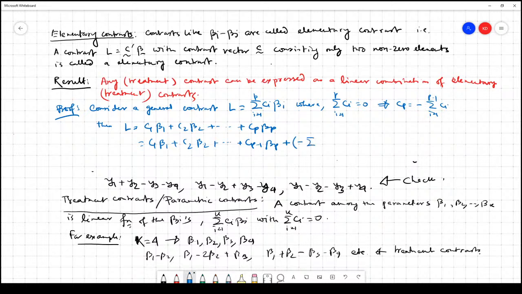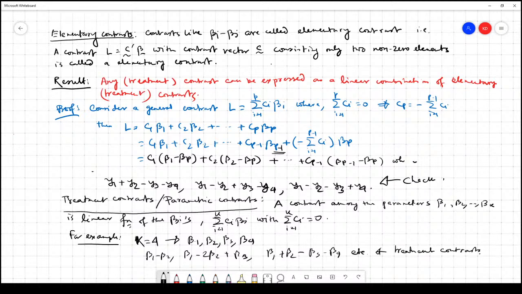So this is c1 times beta 1 minus beta p, c2 times beta 2 minus beta p, plus cp minus 1 times beta p minus 1 minus beta p, which is a linear combination of the elementary contrasts.